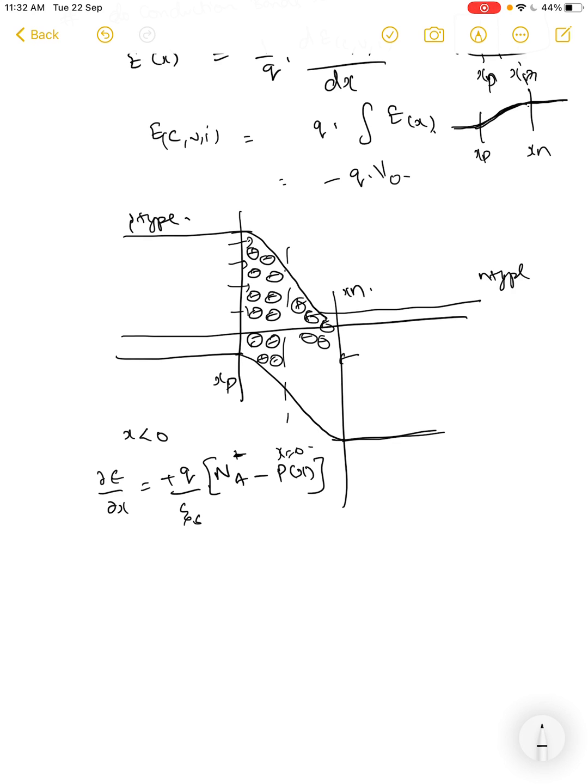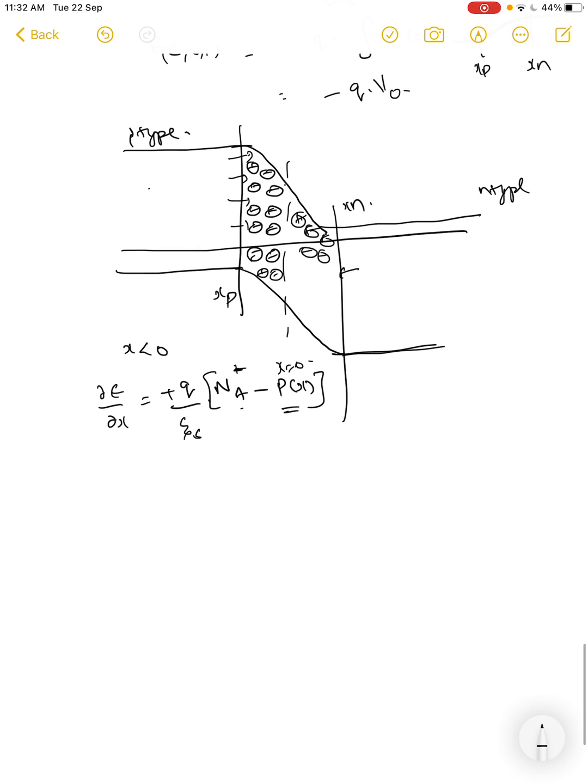So the effective density is reduced by these majority carriers. This p of x is not the same as the equilibrium density, so you cannot assume both are the same magnitude, because the positive field here is going to repel the holes away, so it is going to be much smaller, but still not negligible. The same can be written for the x greater than 0 side as q by epsilon s times ND minus n of x.